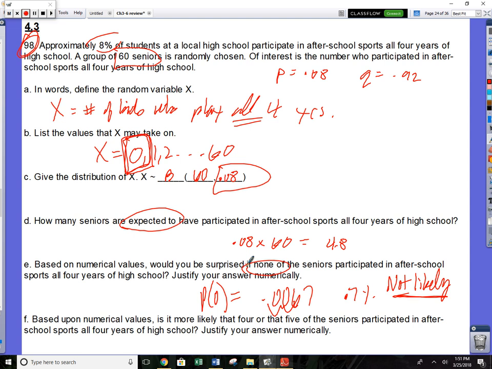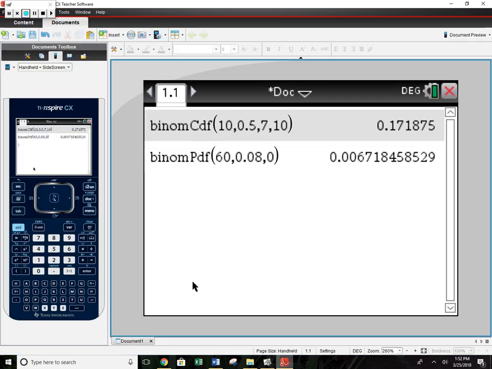If none of them participated, all 4, I would be very surprised, because the chances of it happening are very small. So based on numerical values, and this F will make more sense maybe, is it more likely that 4 kids played all 4, or 5 kids played all 4?